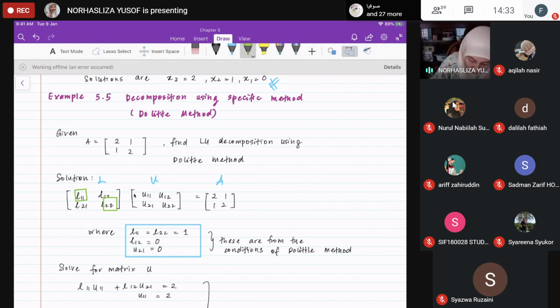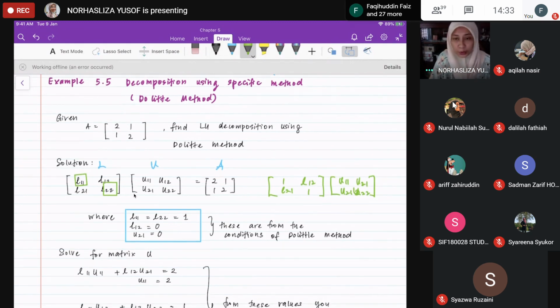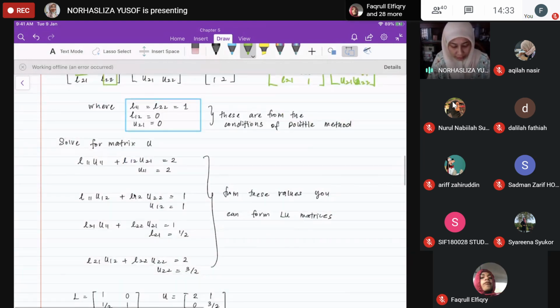Okay, so what happened is now immediately you can write this is 1, this is L21, this is L12, and this is 1. Okay, this is U. Right, so these are being replaced by the value. So when you replace the value, you can immediately do the matrix operation just like below here.